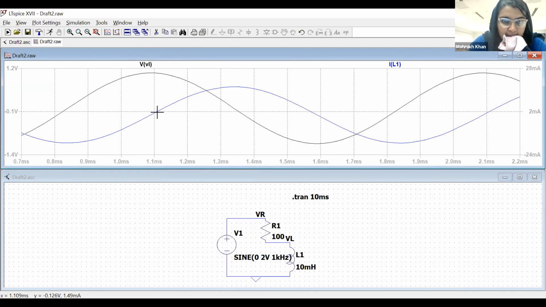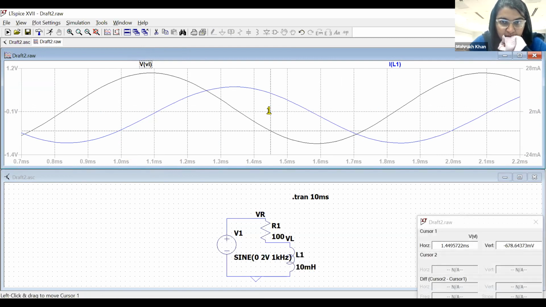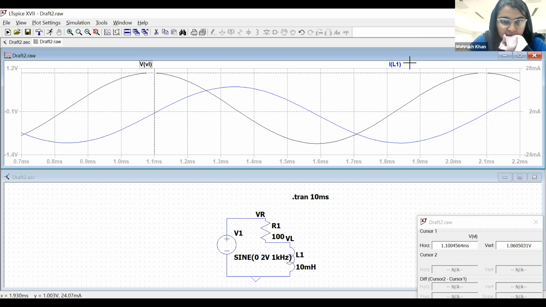You see what I'm saying? If I just click this and move this cursor 1. So this is 1.06 volts and somewhere here, right?